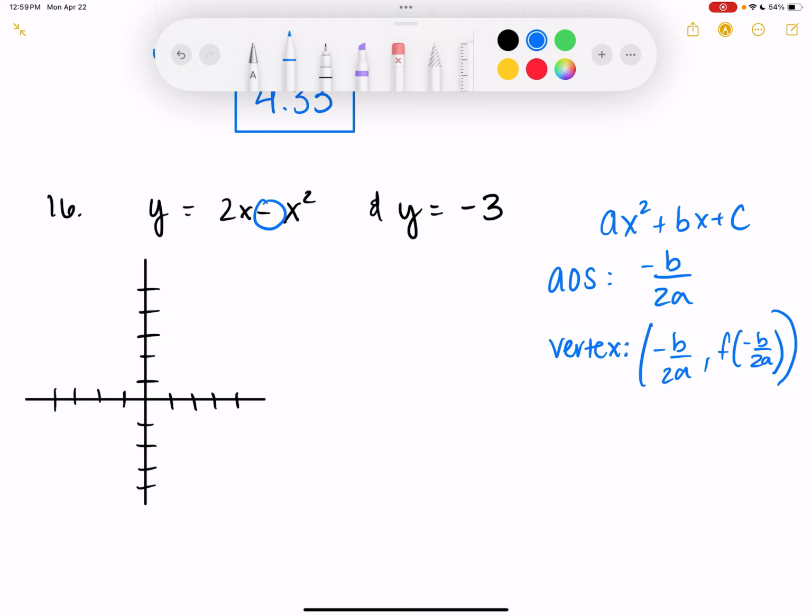So my axis of symmetry is minus b, which is minus 2, over 2 times negative 1. So that ends up being 1, right? Negative 2 over negative 2.